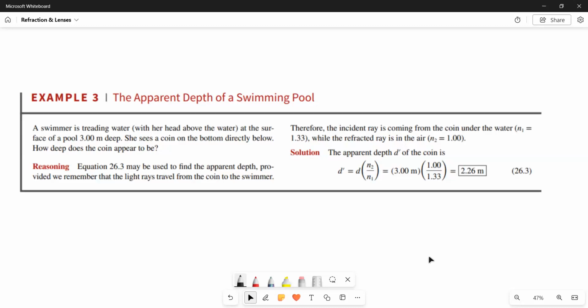She sees a coin. Now the pool is actually 3 meters deep, but how does the coin appear to her? How deep does the coin seem? So we use that formula right over here.